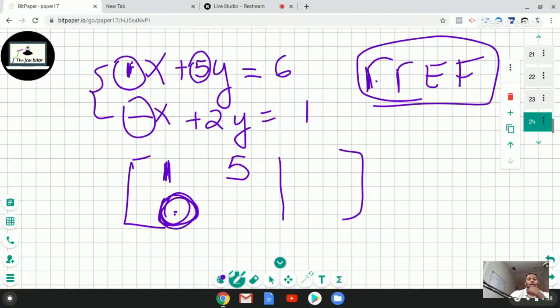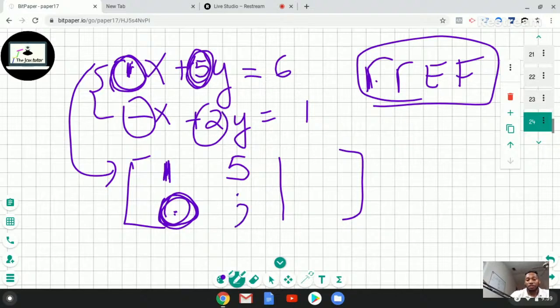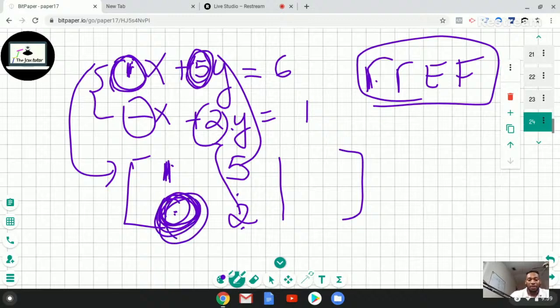What I'm doing is using a matrix to write the coefficient of each one of those. This one has a coefficient of 1 in front of it, this one has a coefficient of 5, and this one has a coefficient of 2 in front of it. You see how it goes? This goes with this, and then this one is 1. What needs to be here in this place where I'm circling?